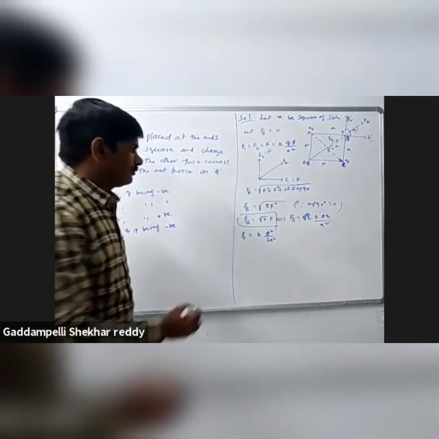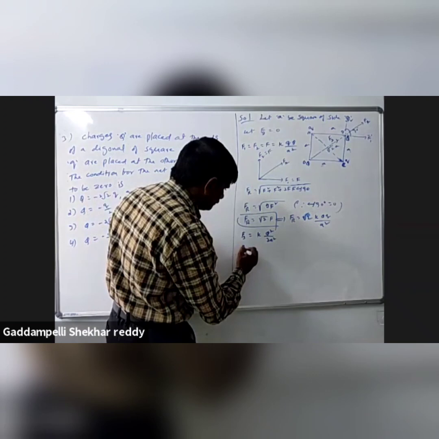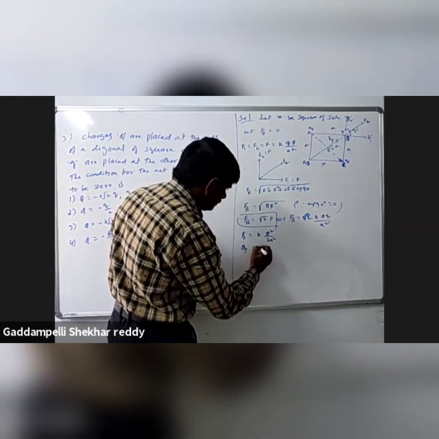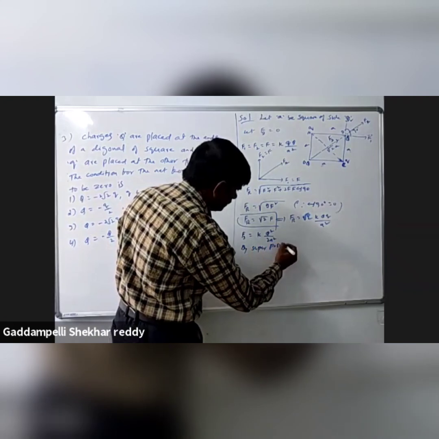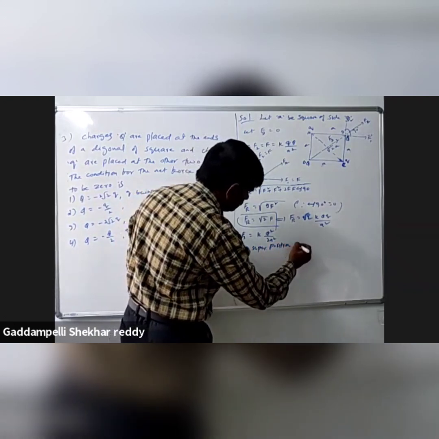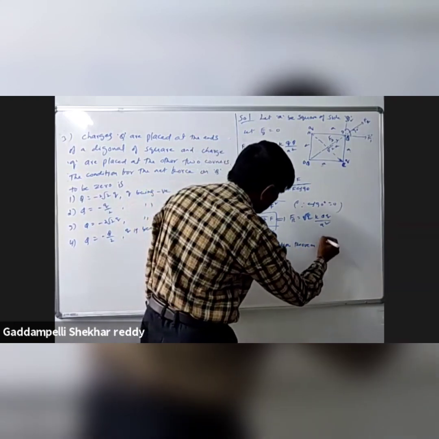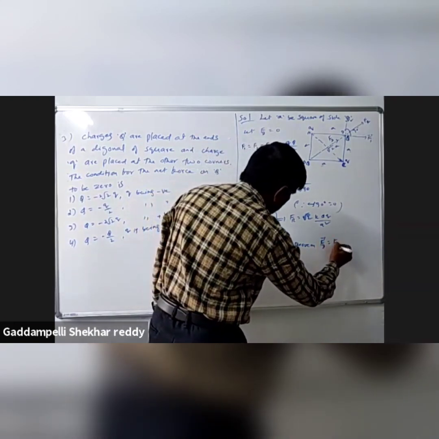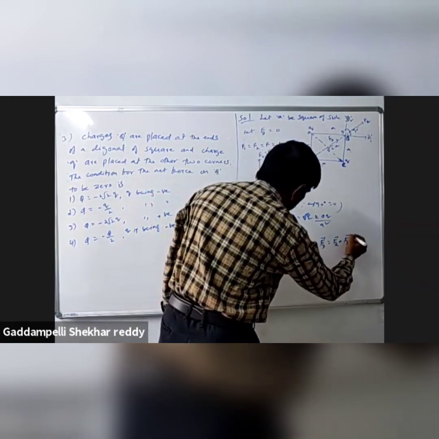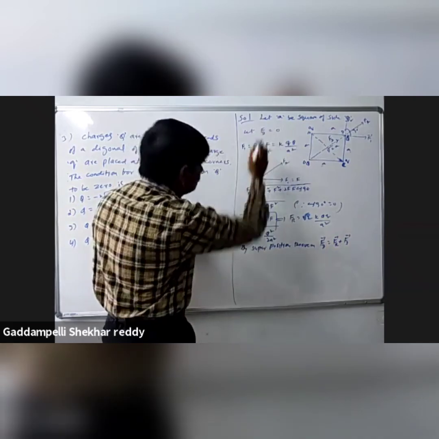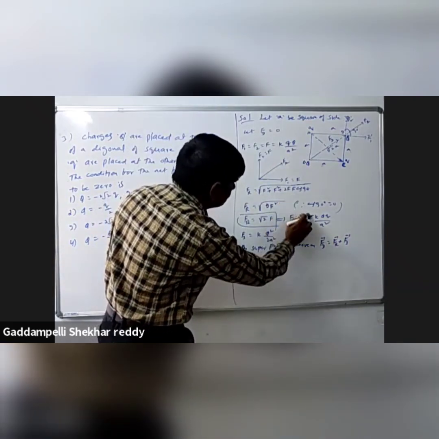The net force F_D is, by the superposition theorem, F_D bar is equal to F4 bar plus F3 bar. So F_D how much? 0. 0 is equal to F4 value, how much?